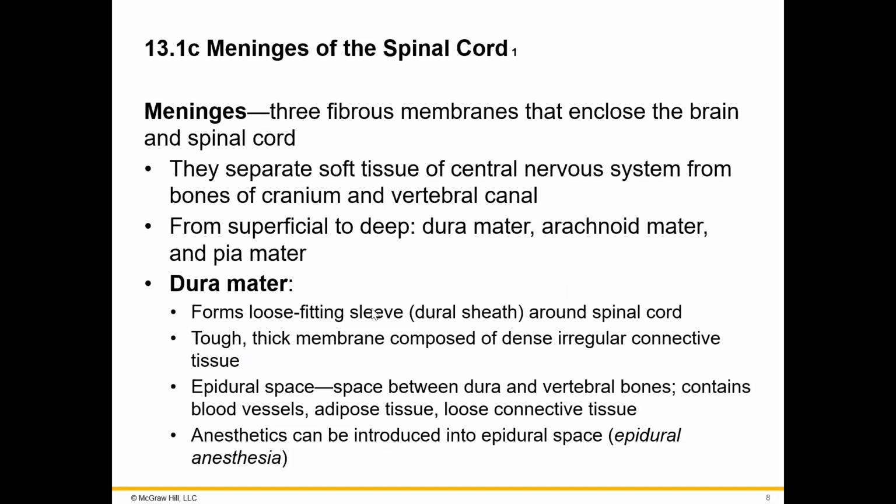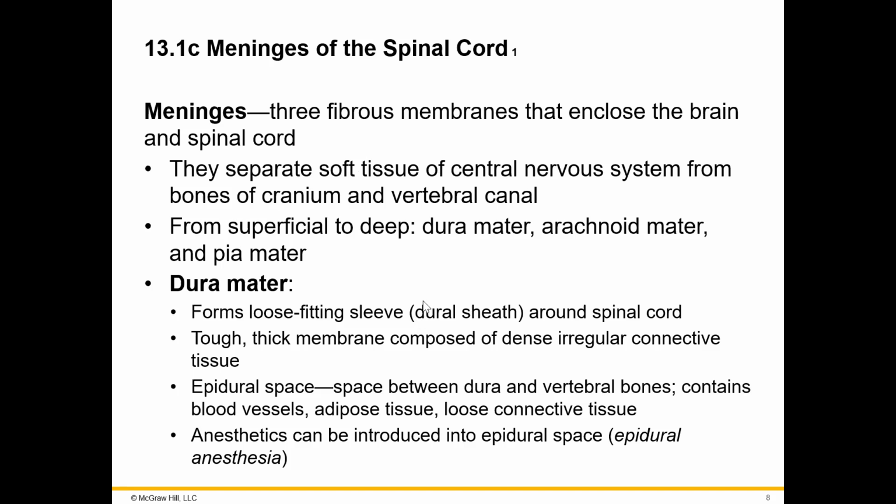Then the meninges, these are fibrous membranes that enclose the brain and the spinal cord. They separate the soft tissue of the central nervous system from the bones of the cranium and the vertebral canal. From superficial to deep, you have the dura mater, then the arachnoid mater in the middle, then the pia mater.